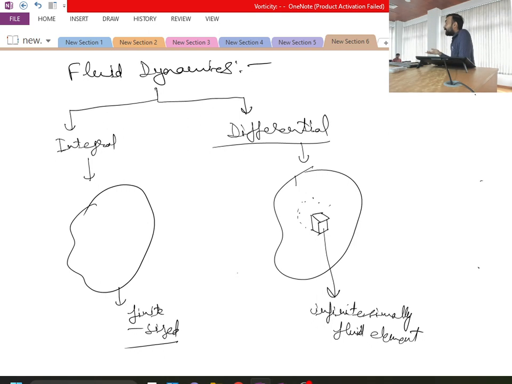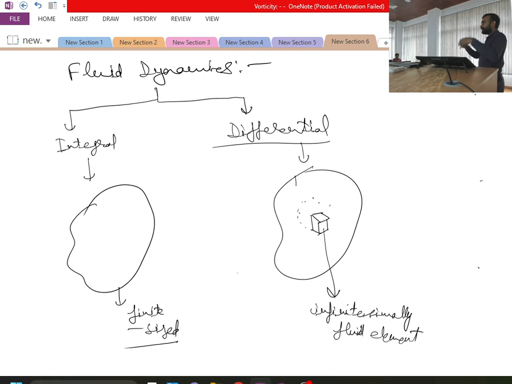Similarly, you may have a situation of variable properties. For example, if you have a heated system, where one end of a pipe is at high temperature, the other end is at low temperature, and a fluid is flowing inside that pipe. You know that fluid properties such as density, viscosity, and surface tension are functions of temperature.